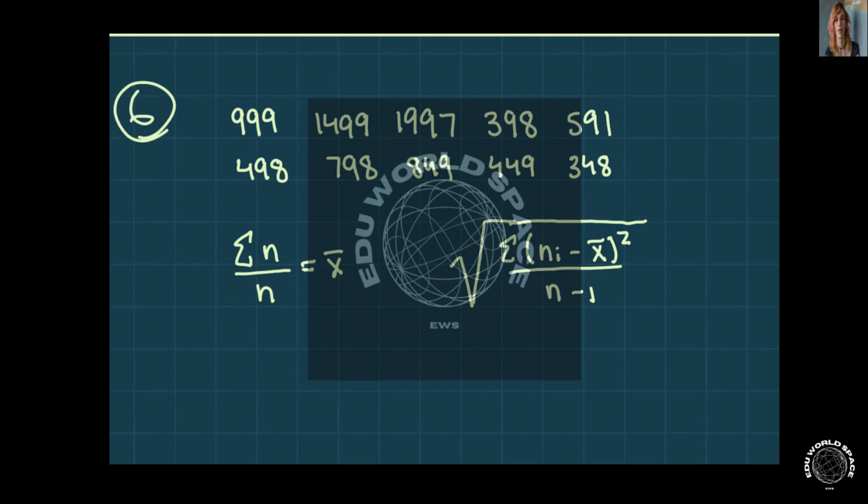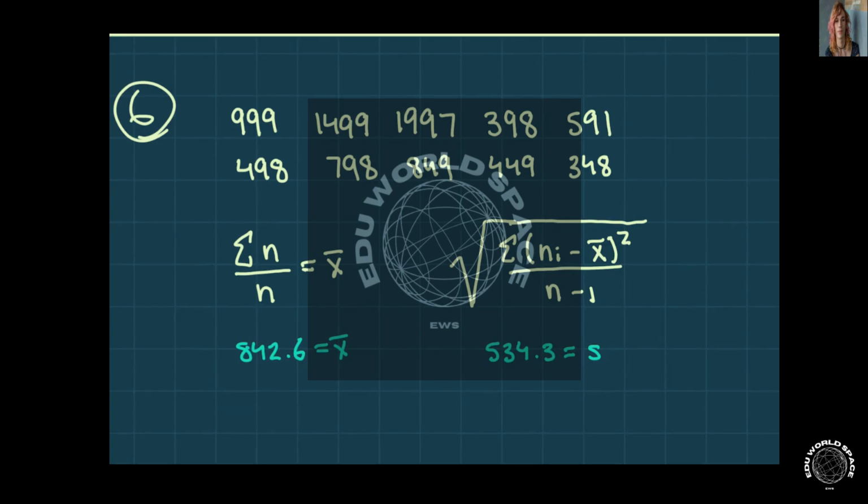Of course, you can do this by hand if you so choose, but I have taken the liberty of using my calculator, which I recommend you do as well. And you should get 842.6 as your mean, and around 534.3 as your standard deviation.